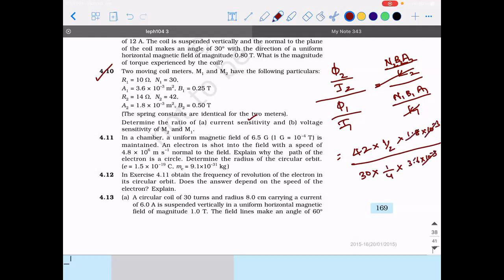Cancel them; there's going to be 2 times half, so 2 and 2 are gone. So 42 divided by 30 is 21 divided by 15, which we can further simplify: 7 by 5, it is 1.4.